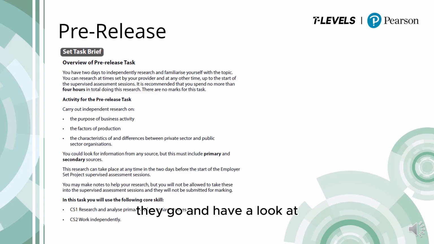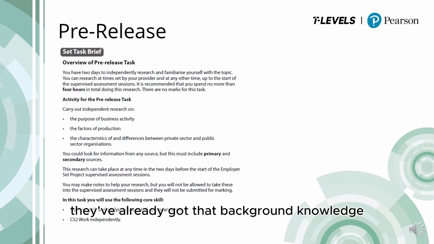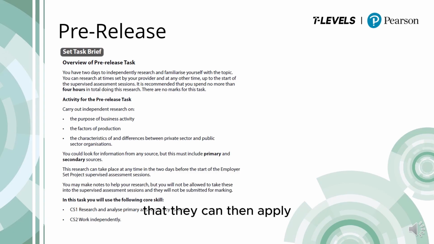It might be they go and have a look at the different types of products and services that they offer, where they get their income from, what their expenditure is generally on, all those sorts of things, so that when they come to do their tasks, and we'll look at the tasks in a minute, they've already got that background knowledge that they can then apply.